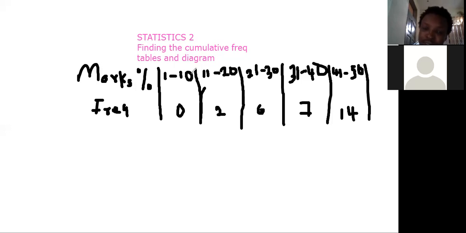Whichever way you do it is up to you. If I divide 1 by 2, I get 0.5. So you write "less than". You always have to write that "less than".